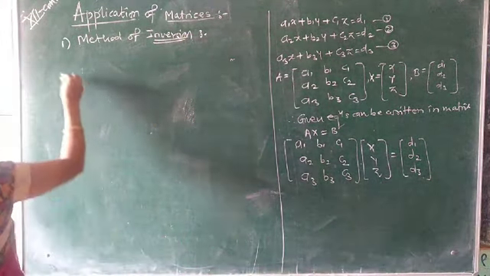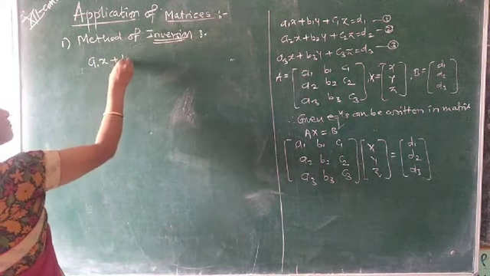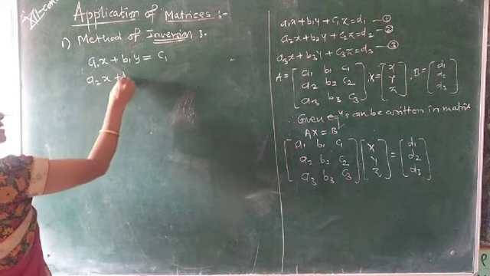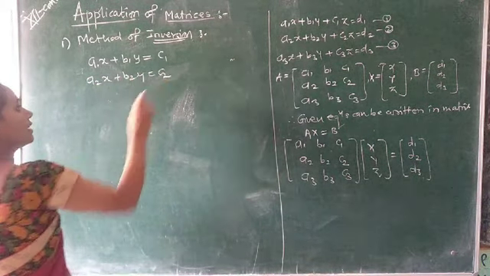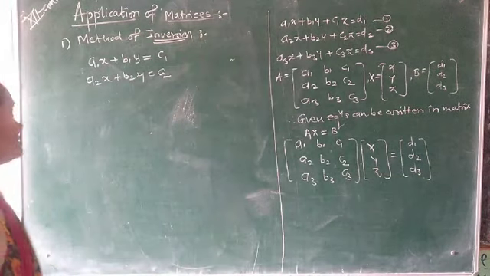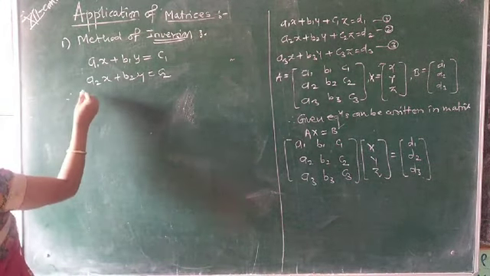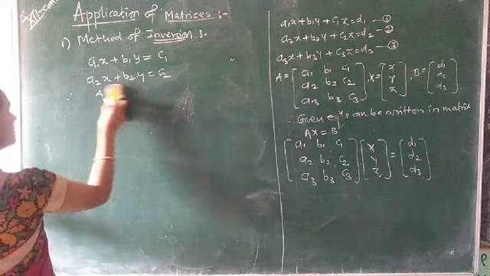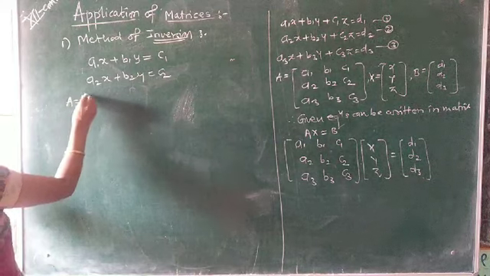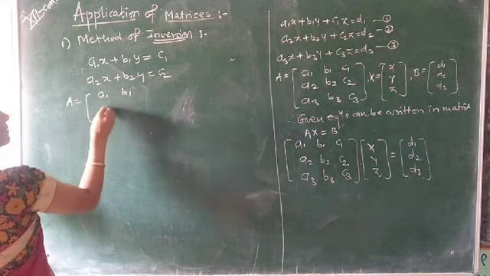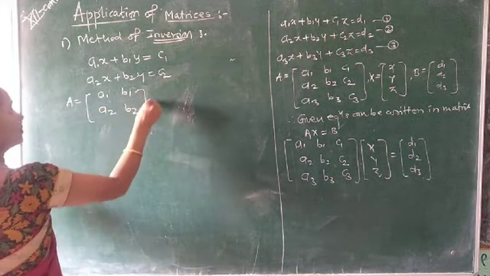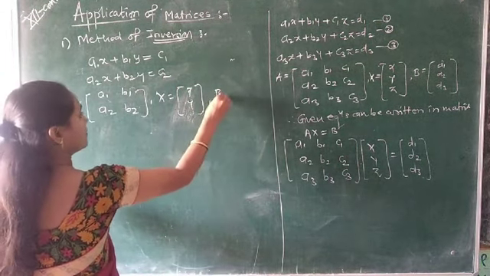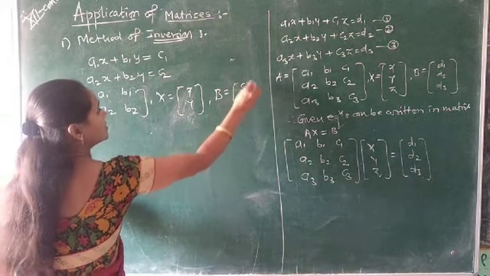So first, all of you know that, I am taking the equations a1x plus b1y is equal to c1, a2x plus b2y is equal to c2, two linear equations in variables x and y. I am writing these equations in matrix form as AX is equal to B. So first we write A is equal to a1 b1, a2 b2, X is equal to x y, B is c1 c2.